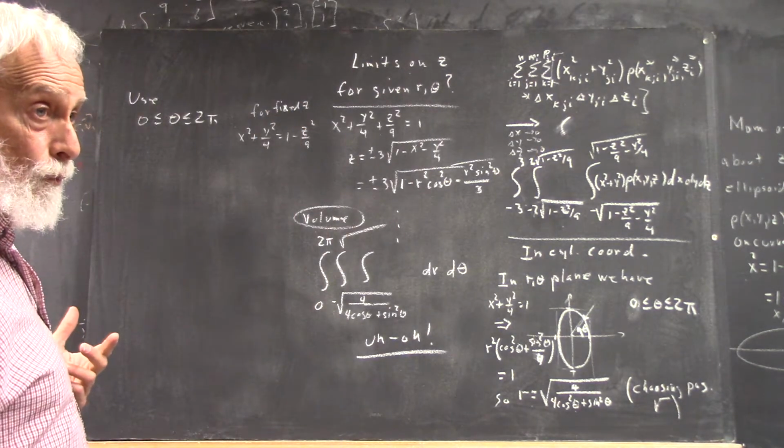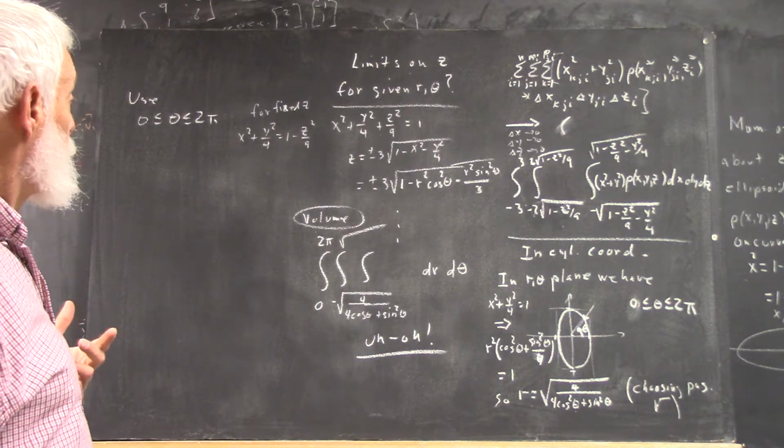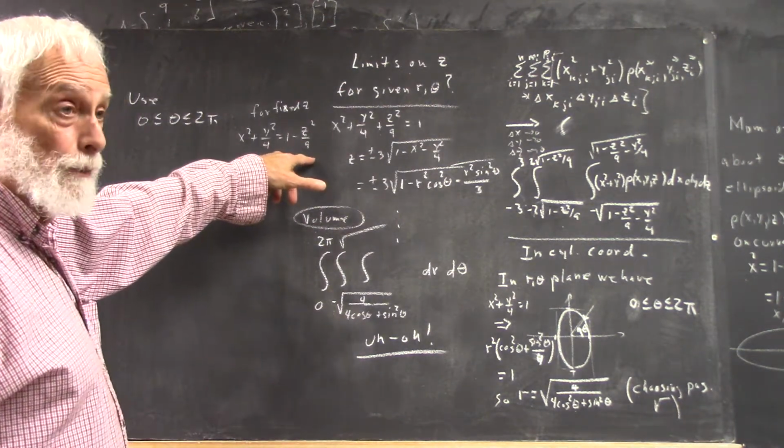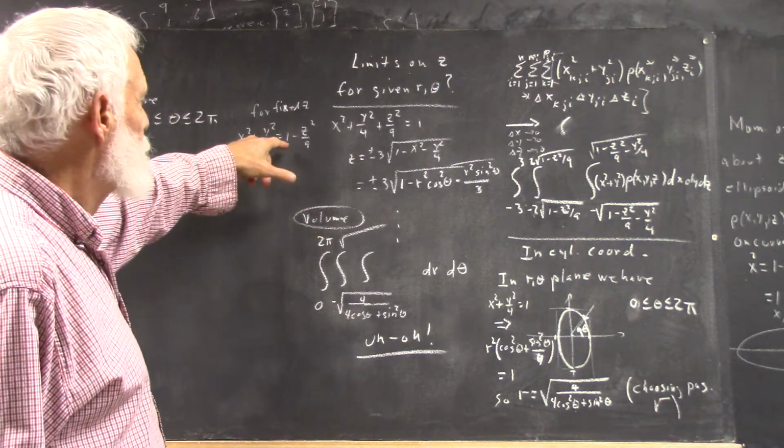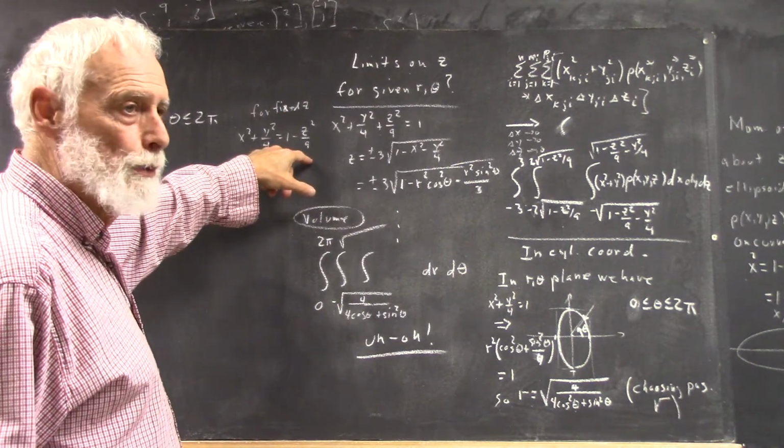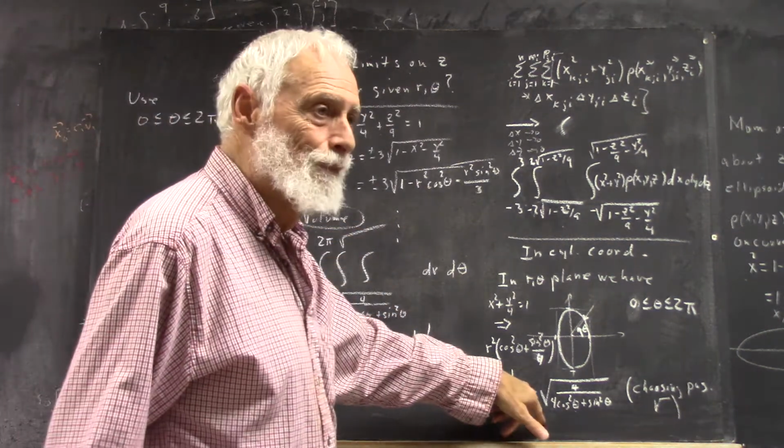And then you have to adapt that. Well, it's just going to be this, but you're going to also have a square root of 1 minus z squared over 9 as a factor on your r.